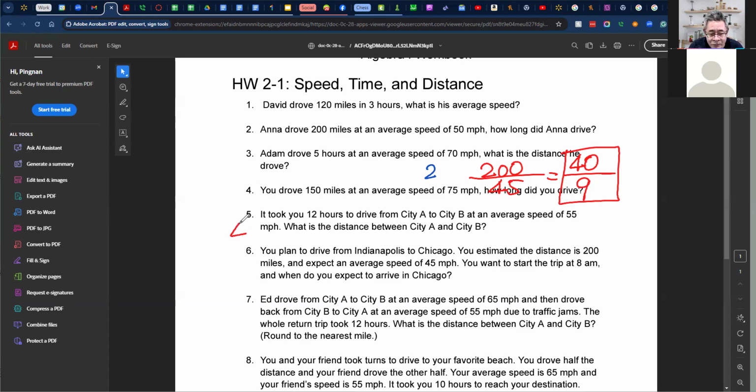And 40 divided by 9, we go 4, 36, and 4 left over. And so we got 4 hours and 4/9 of an hour. And so we're going to change this 4/9 into minutes.